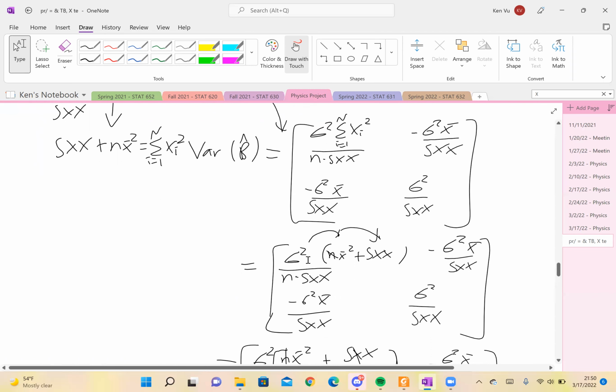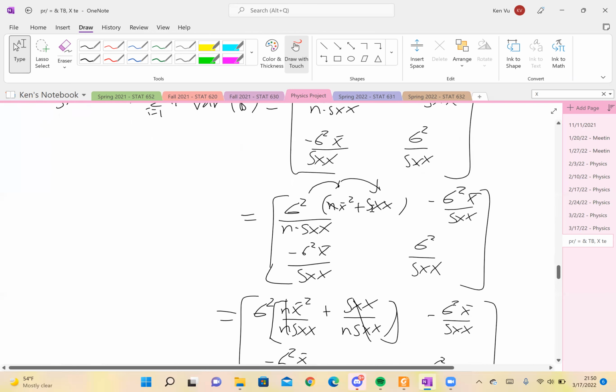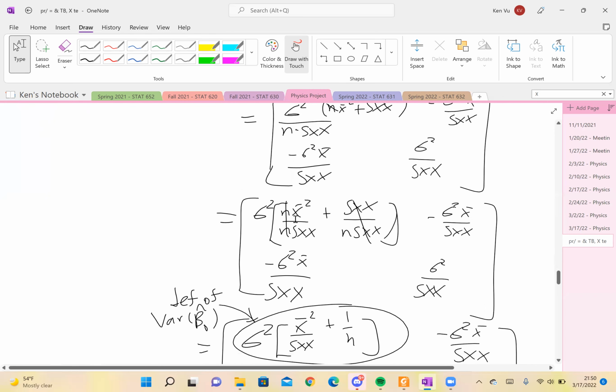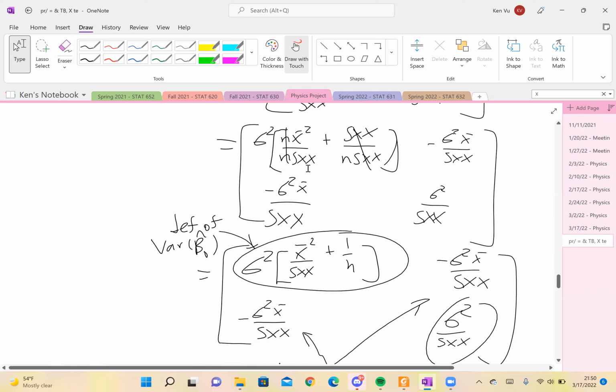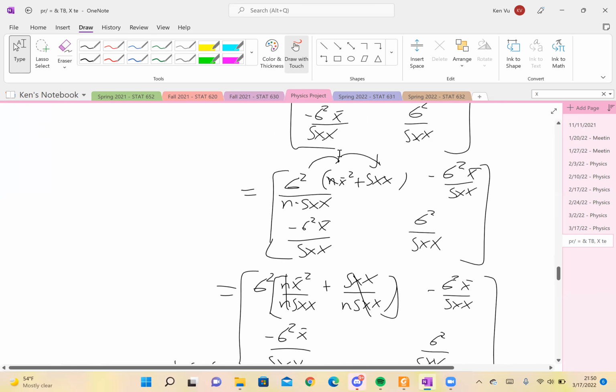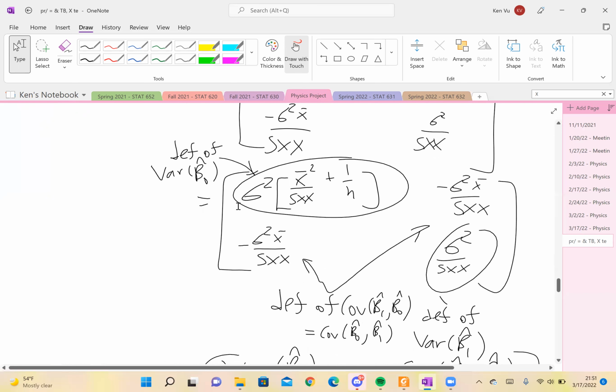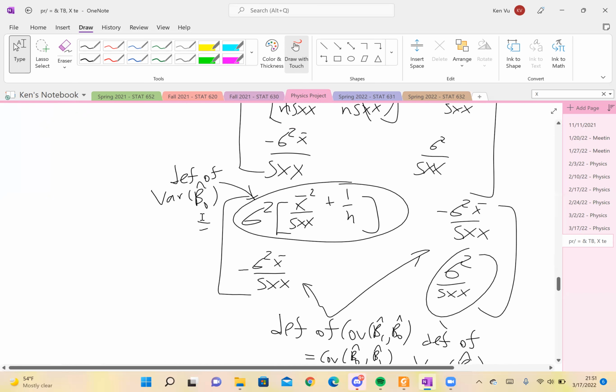Then you can distribute the constant, sigma squared over n times Sxx. You distribute it and do some simplification, canceling out the n and Sxx wherever appropriate. You'll find that you get the definition for the variance of beta naught hat right here.